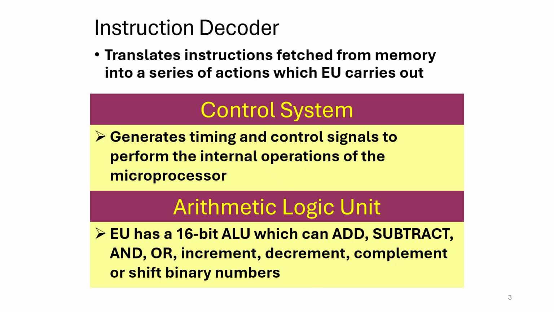The control system will generate the needed timing and control signals to perform the internal operations of the microprocessor. The arithmetic logic unit is a 16-bit ALU which can do addition, subtraction, and logical operations like AND, OR, increment, decrement, complement, or shifting of binary numbers.